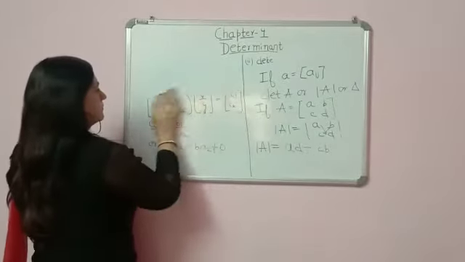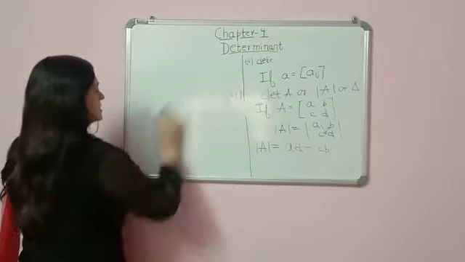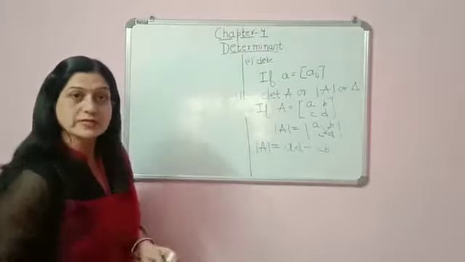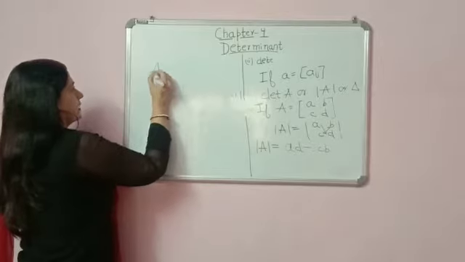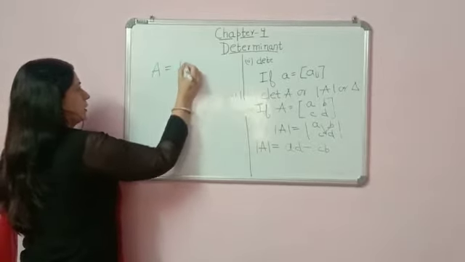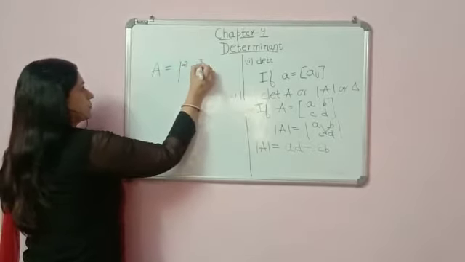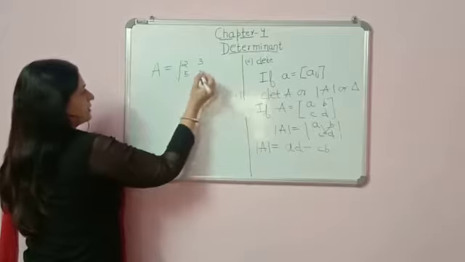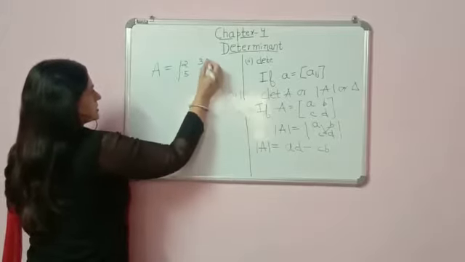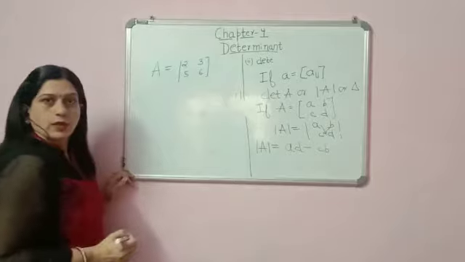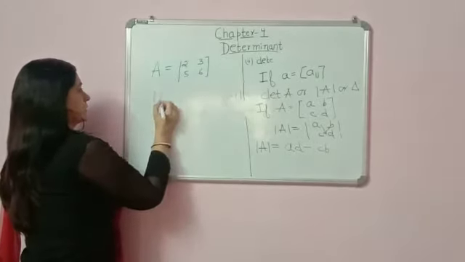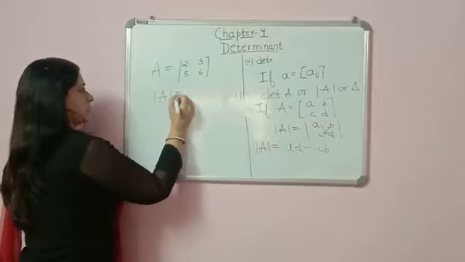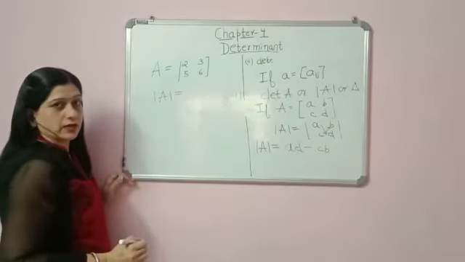Now let us take an example. For example, if you have a determinant A equal to 2, 3, 5, 6, the value of this determinant will be what? You can try yourself.